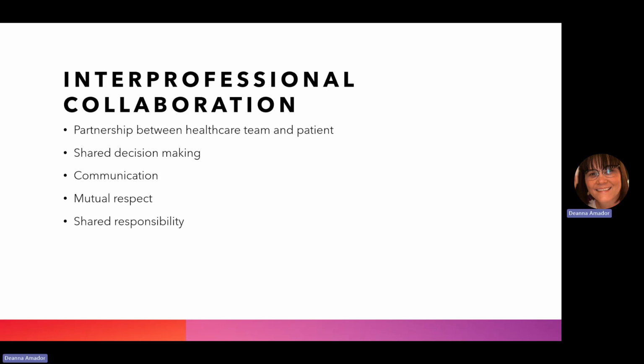So this is done in a very scheduled, structured environment. A lot of times, if you think about daily rounds, or multidisciplinary rounds, this is when interprofessional collaboration is occurring.